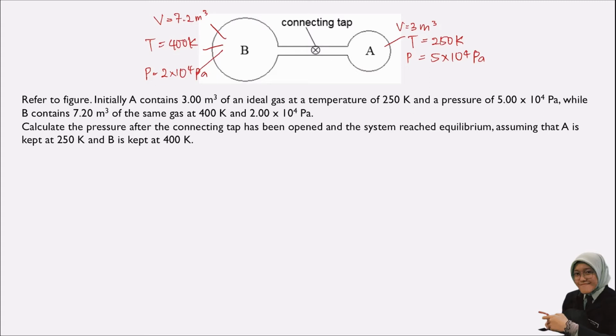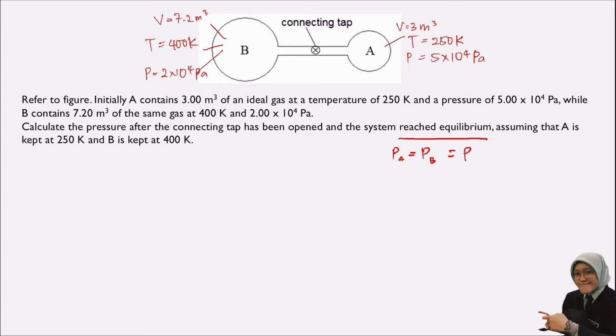So we know that when the tap has opened and the system reached equilibrium, the pressure will be the same. That means PA equals PB. We will get P, the pressure after the connecting tap has been opened and the system reached equilibrium.